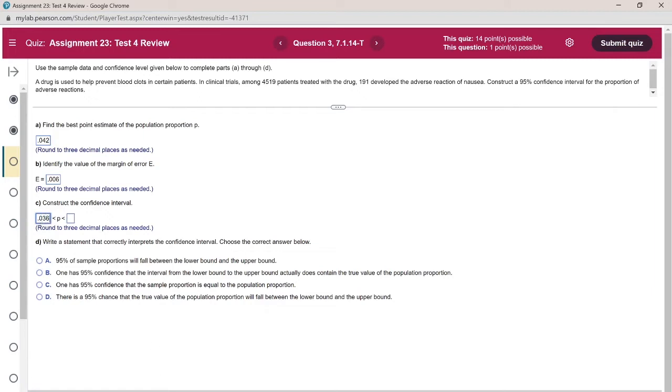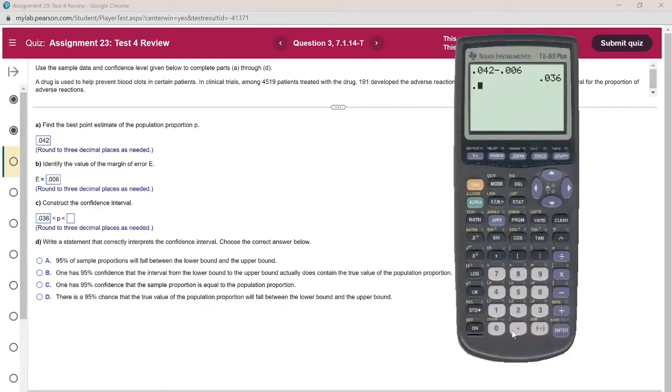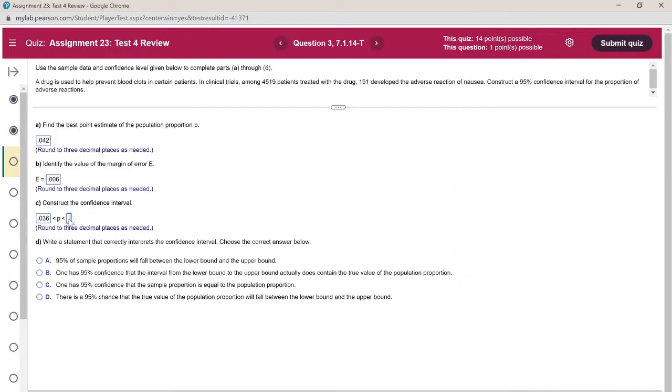For the upper limit we add the sample proportion with the margin of error, which is 0.006. If you add this to the number, it gives us 0.048.